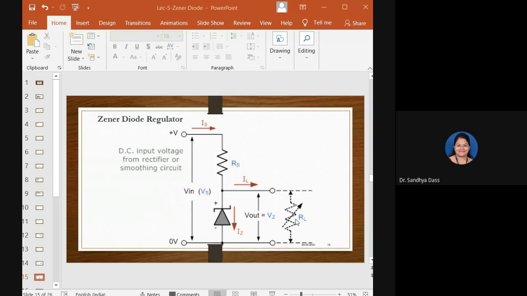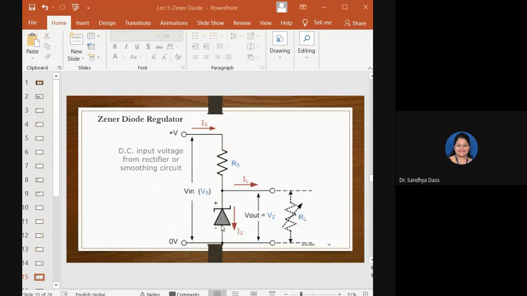When the load resistance is connected, the current flowing through the Zener diode will be at a minimum. So care should be taken such that a typical value of the series resistance is chosen so that the maximum power rating specified by the data sheet is not exceeded.